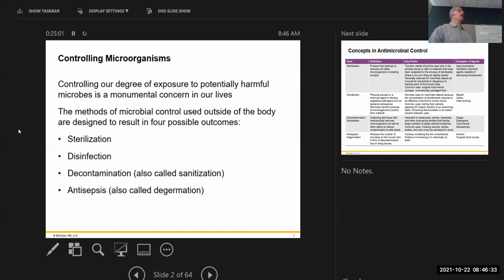That Foley catheter comes in a package. That package has been sterilized usually by gamma radiation. The second you open it up, you're exposing it to the air. Now, hospital air is very heavily filtered using HEPA filter systems. However, if you touch that Foley catheter with your bare hands, you've now contaminated it.